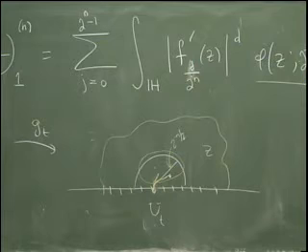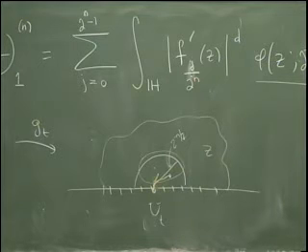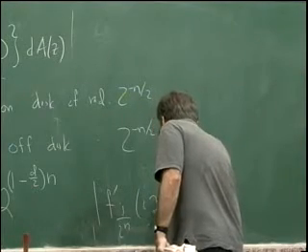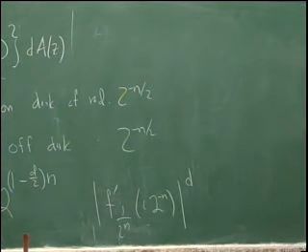And now I'm taking f prime of z. So f prime of j over 2 to the n of z, I'm going to just approximate by a typical point there, which is equal to this.